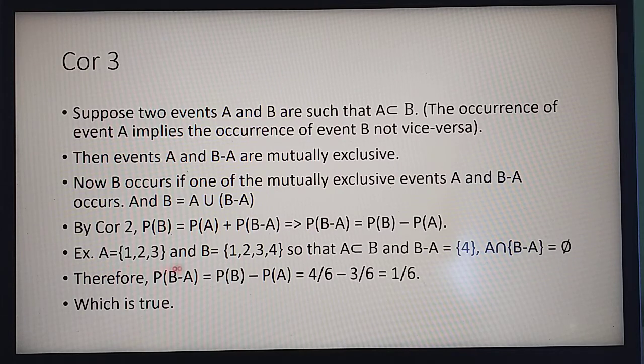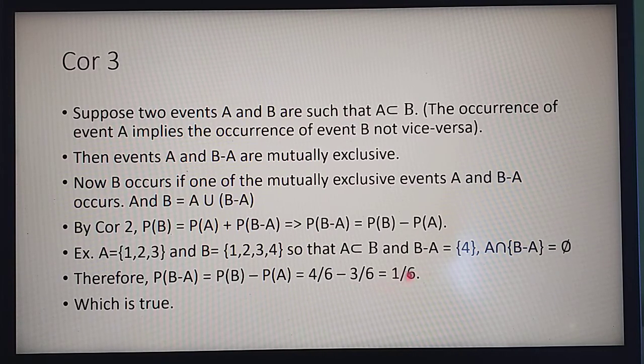A is equal to {1, 2, 3}, B is equal to {1, 2, 3, 4}. So now obviously A is a subset of B. There is another element 4 which is not in A, and B minus A is equal to {4}, and A intersection (B minus A) will be phi. Therefore P(B minus A) is equal to P(B) minus P(A). This is equal to 4 by 6 minus 3 by 6, as P(B) is 4 by 6 and P(A) is 3 by 6.